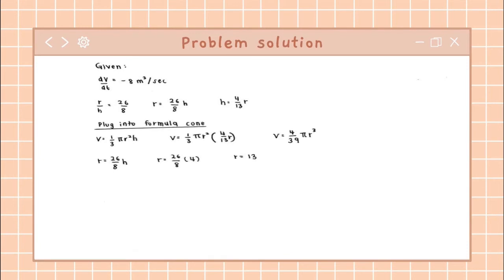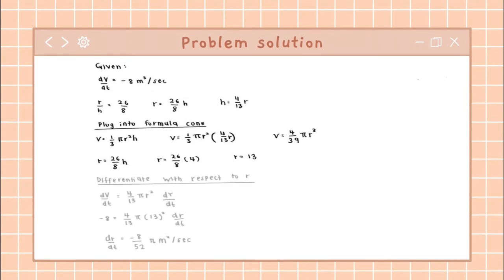So V equals 1/3 pi r squared times 4/13 r, and we got V equals 4/39 pi r cubed. To find r, we substitute h with 4 and we got r equals 13.